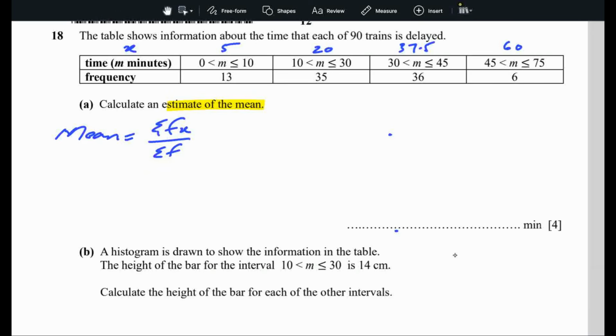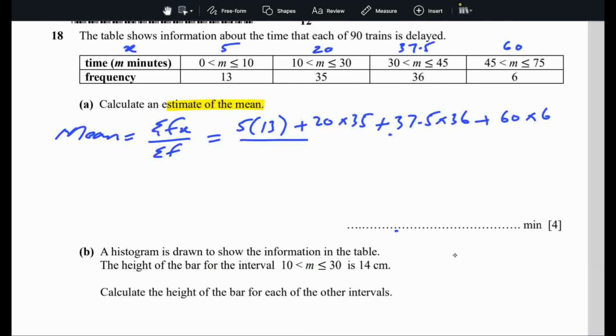Now for mean, what we have to do is 5 multiplied by 13 plus 20 multiplied by 35 plus 37.5 multiplied by 36 plus 60 multiplied by 6, whole divided by summation of f. So this one will be 90 because the total frequency is 90.